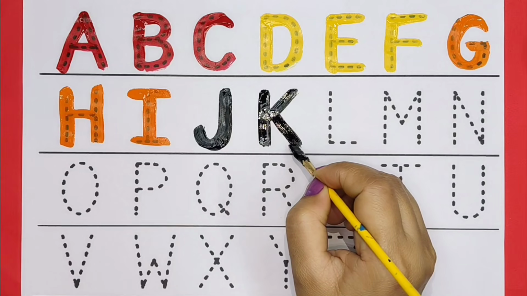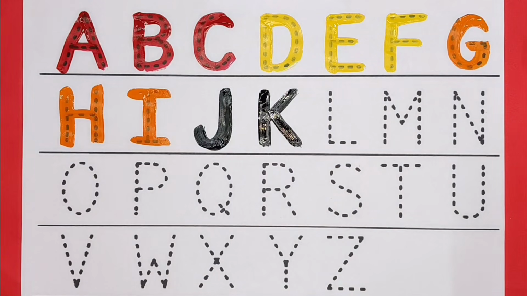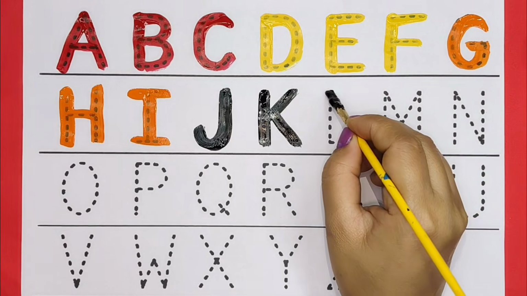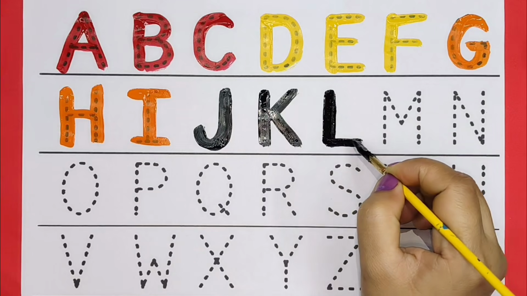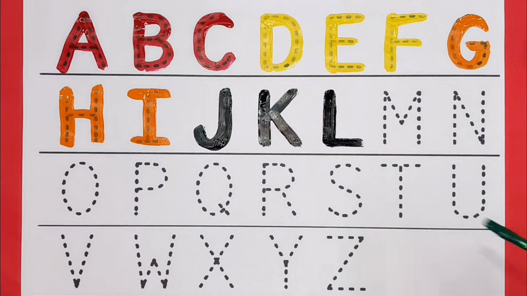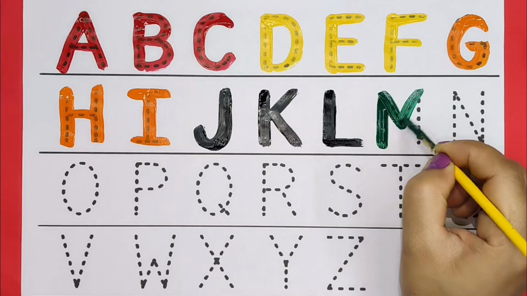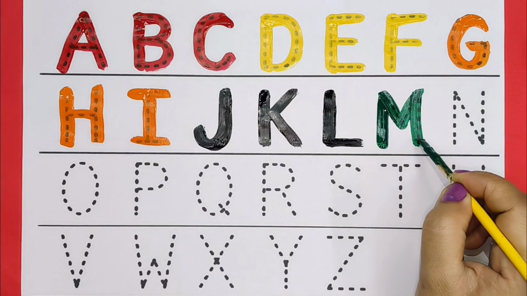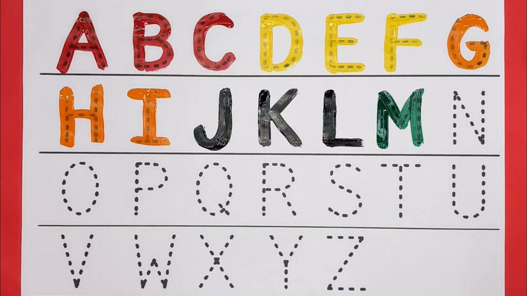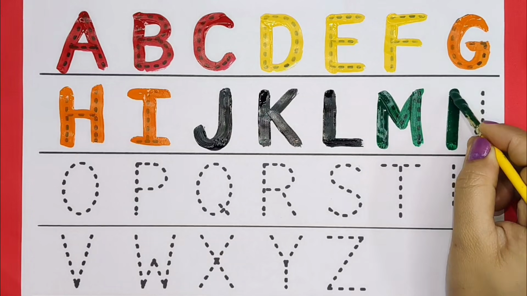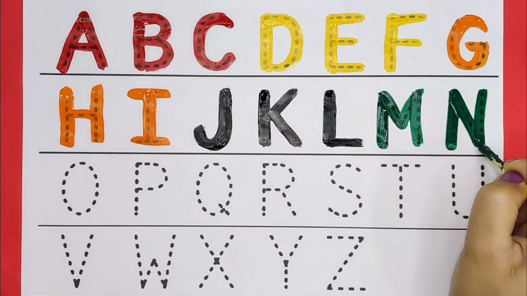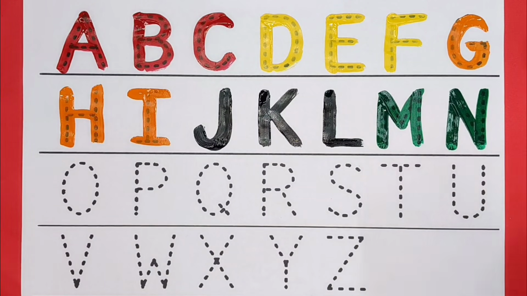K, K for kite. L, L for lion. Dark green color. M, M for mango. N, N for nose.